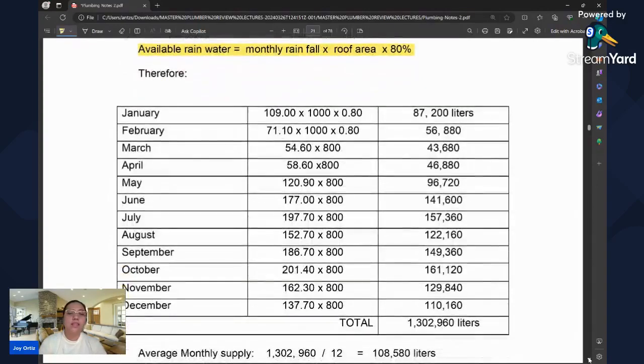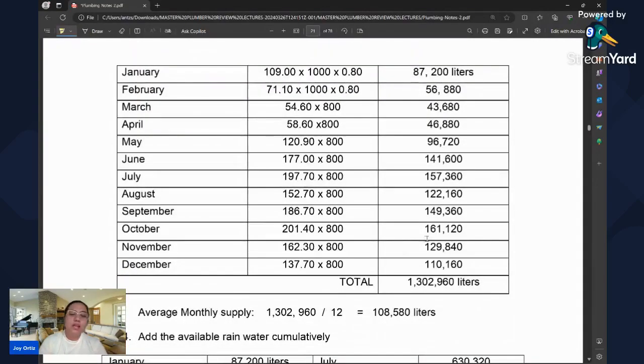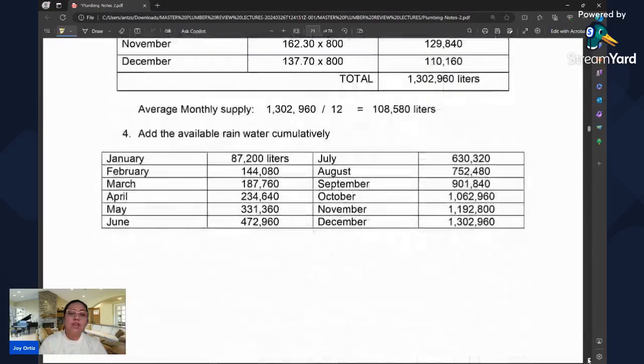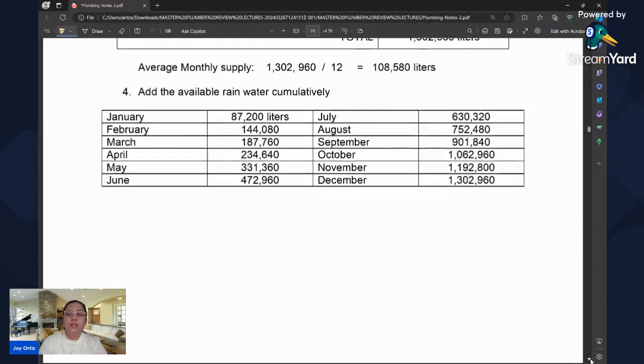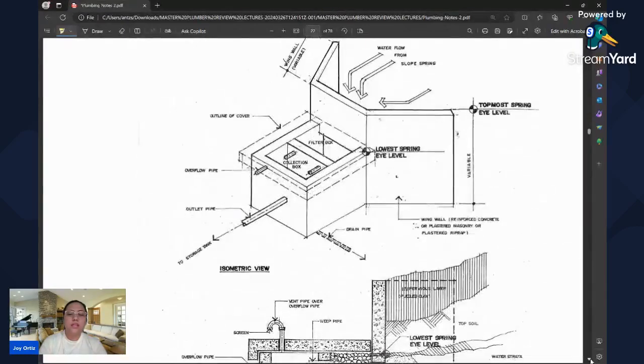The total is 1.3 million liters. So the average monthly supply is 1.3 million liters over 12, that is 108,580 monthly. Then add the available rainwater cumulatively, and that's it.